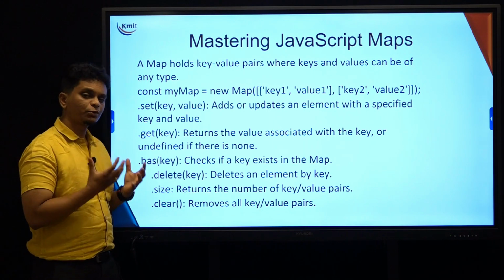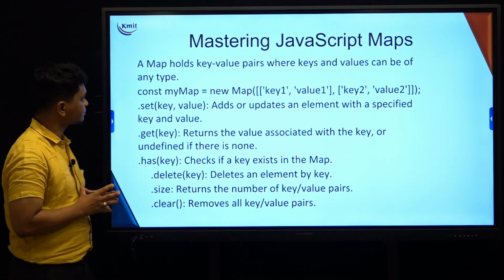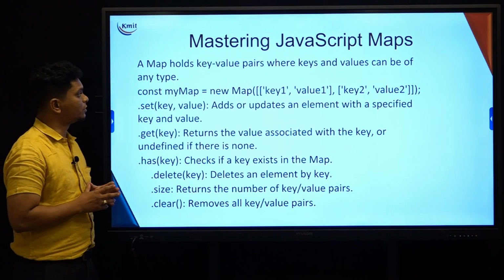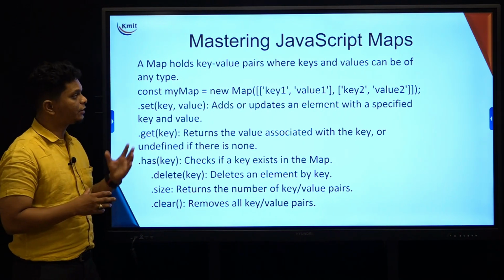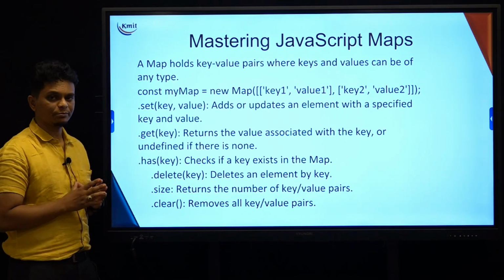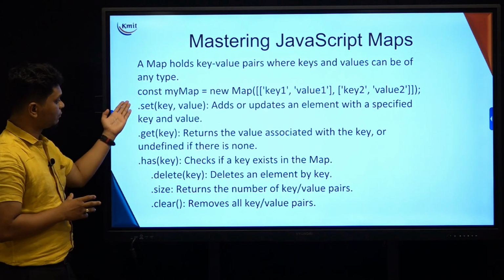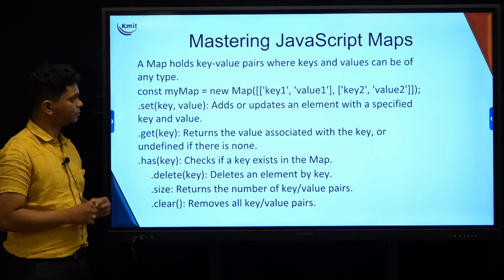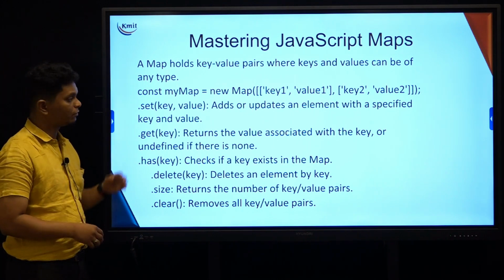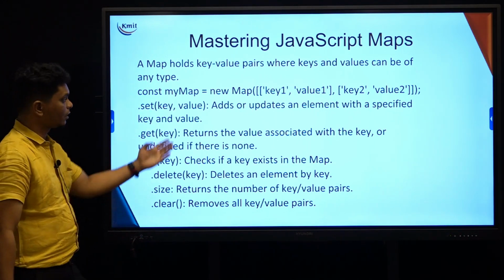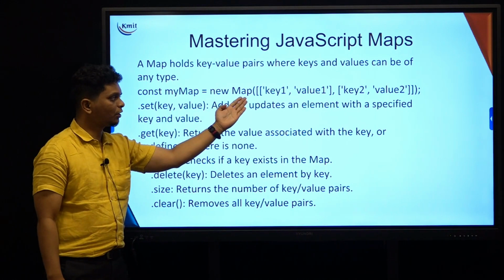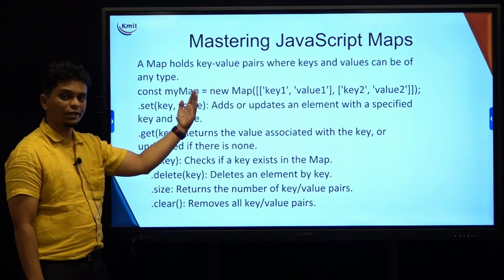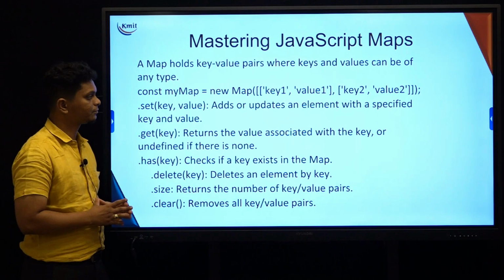Now let us talk about maps. A map holds key value pairs where keys and values can be of any type. For example, this line shows the syntax of a map. Again we use const followed by a variable, and to this variable we are assigning a new Map. Again new is used to allocate memory.